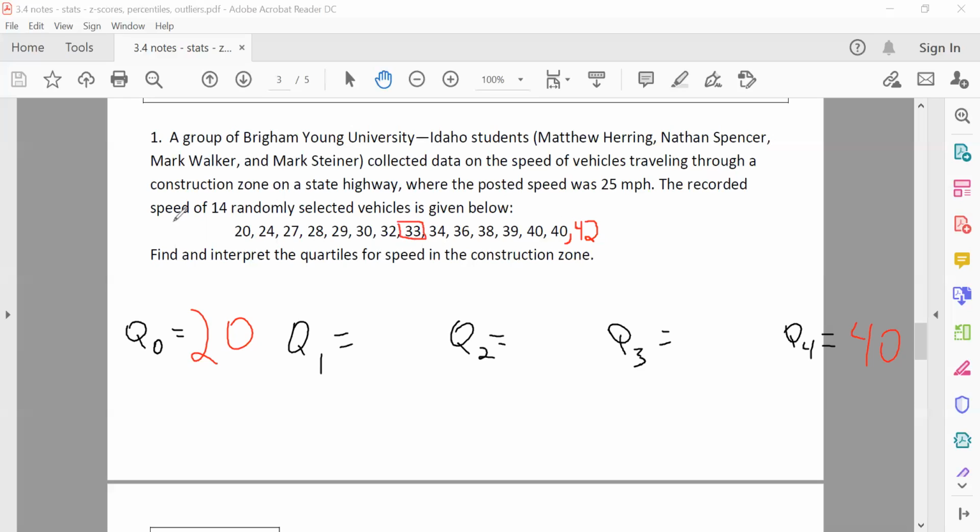If this were the data set, the median would be 33, and we're playing what if. Then you divide it into the bottom half and the top half, and if there's an odd number of data values, you ignore the very middle value. So this is your bottom half. This is your top half.